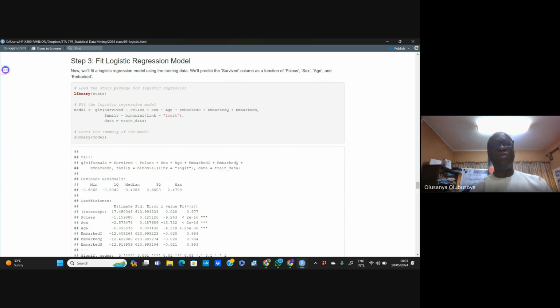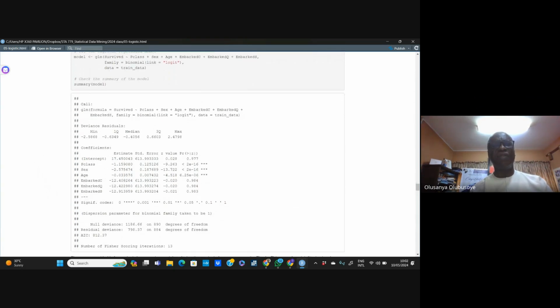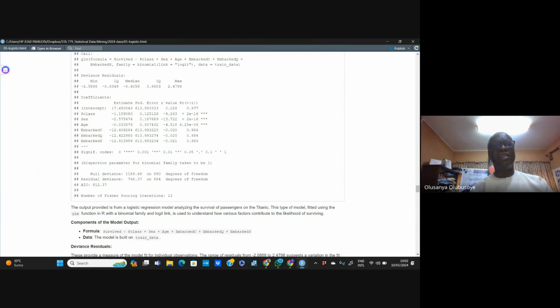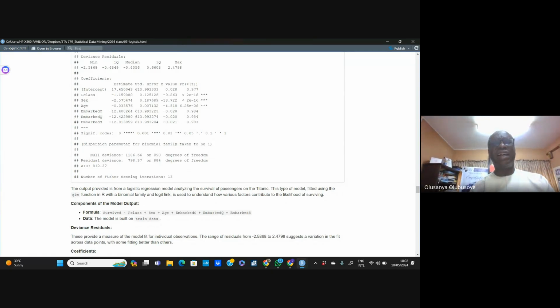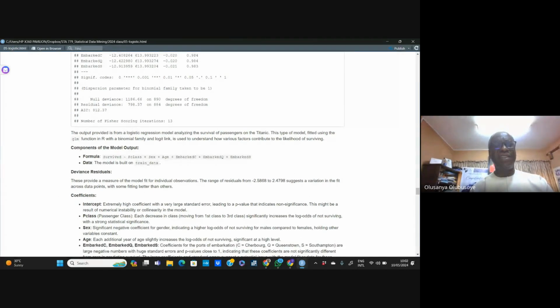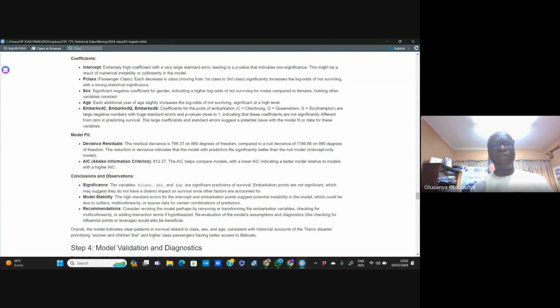The other predictor variables were the class, the sex, the age, the port of embarkation, and so on. And in the results, we can see that the passenger class, sex, and age really determine or affect the survival of the passengers. The results are fully discussed.